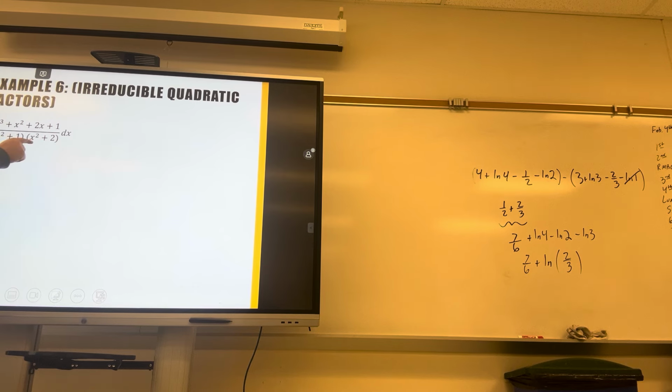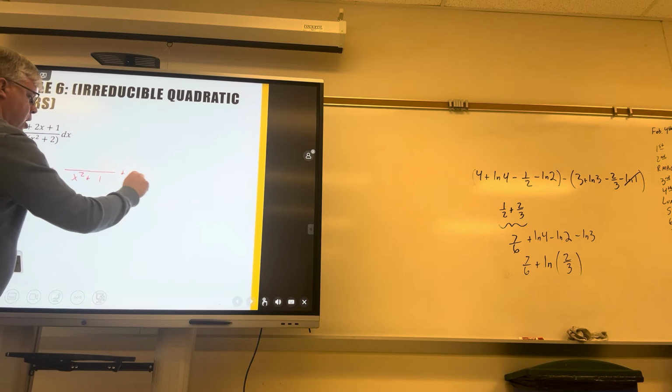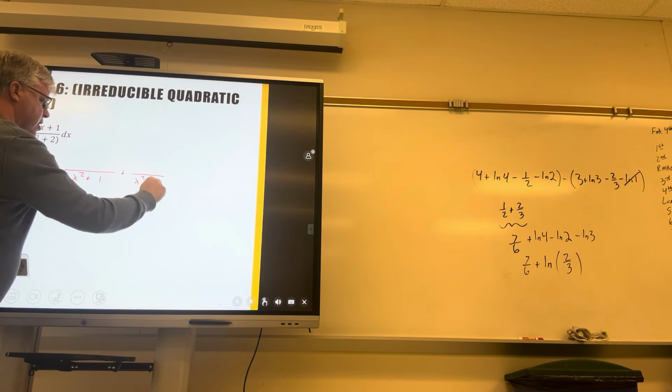Since we only have quadratics and they can't be broken down any further, we're only going to get 2 partial fractions here, one for each denominator factor. So we're going to have x squared plus 1 and x squared plus 2 as the denominators.